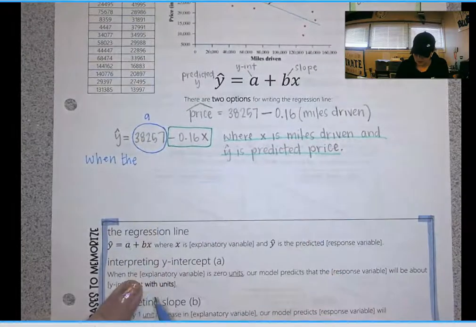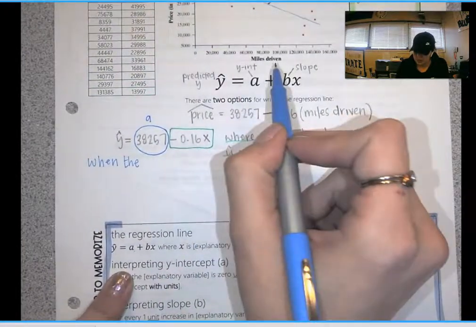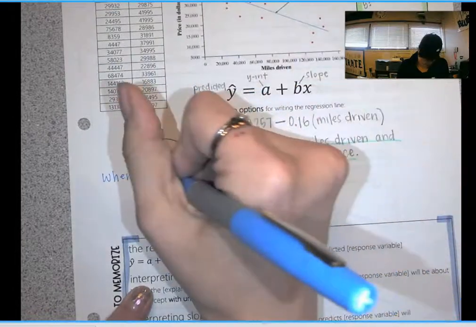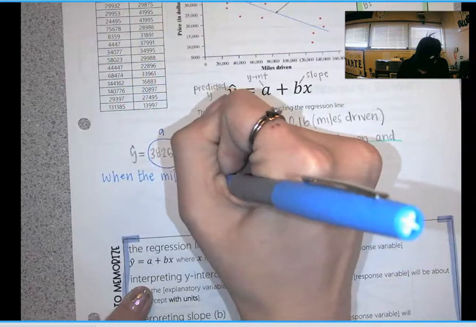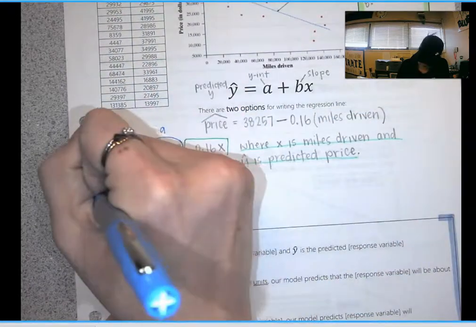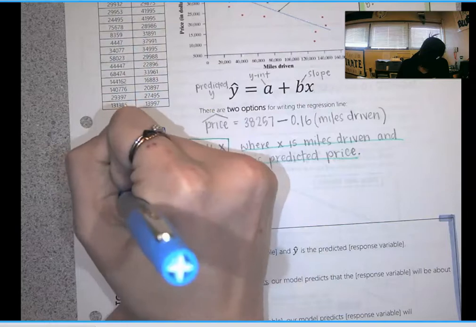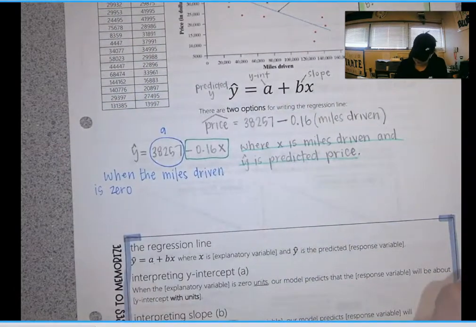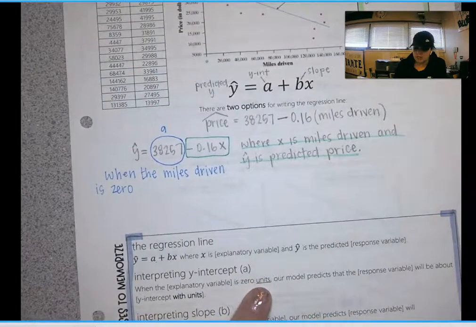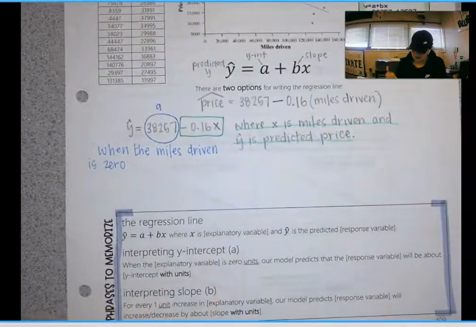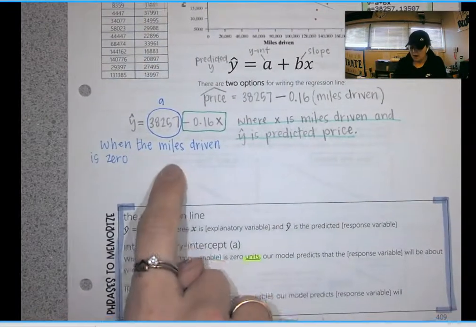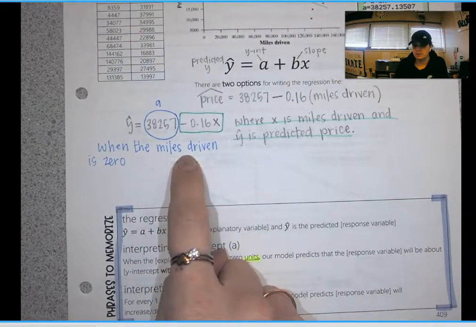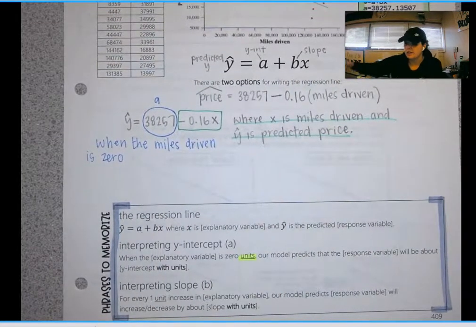So when the explanatory variable, so that is miles driven, when the miles driven is 0, and it says add in your units, but we already included that with miles driven, because our explanatory variable includes the unit.